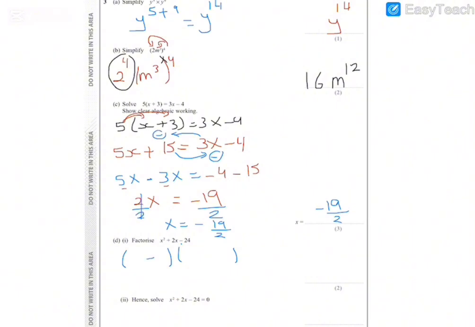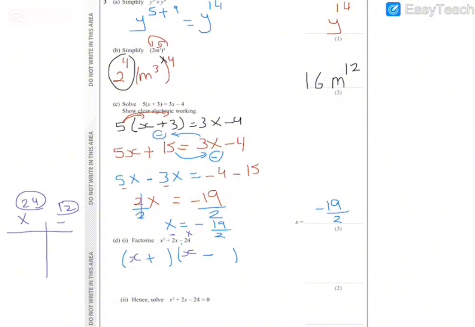It means I have two different signs for my brackets, and 24 is the product and 2 is the difference. I'm looking for two numbers. Their product is 24, and here x squared, x here and x here. I have two conditions. The product is 24 and the difference is 2.